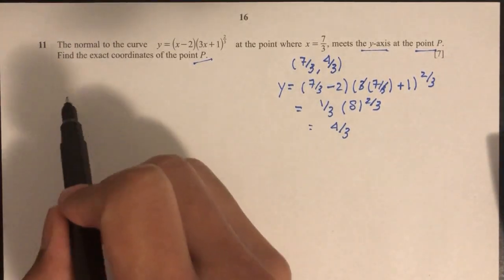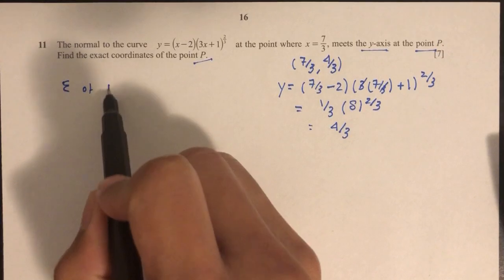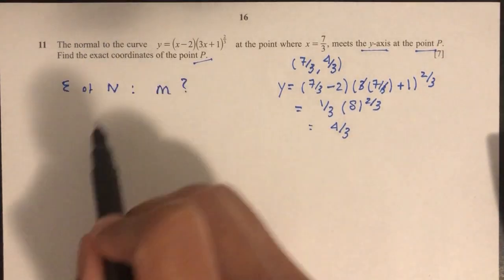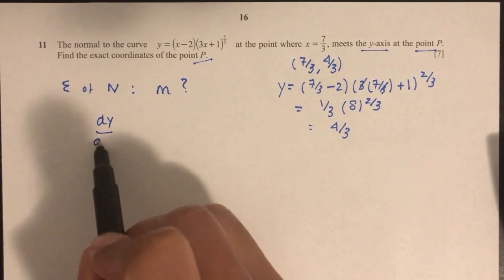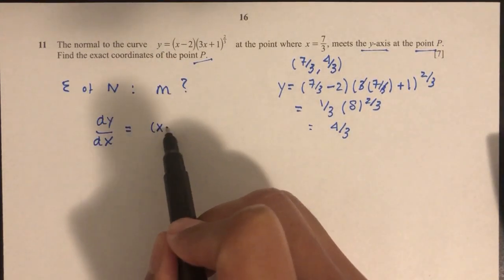So now moving on, for us to find the equation of the normal, we need to know the gradient. So we first have to find dy by dx for this curve. So it will be this.